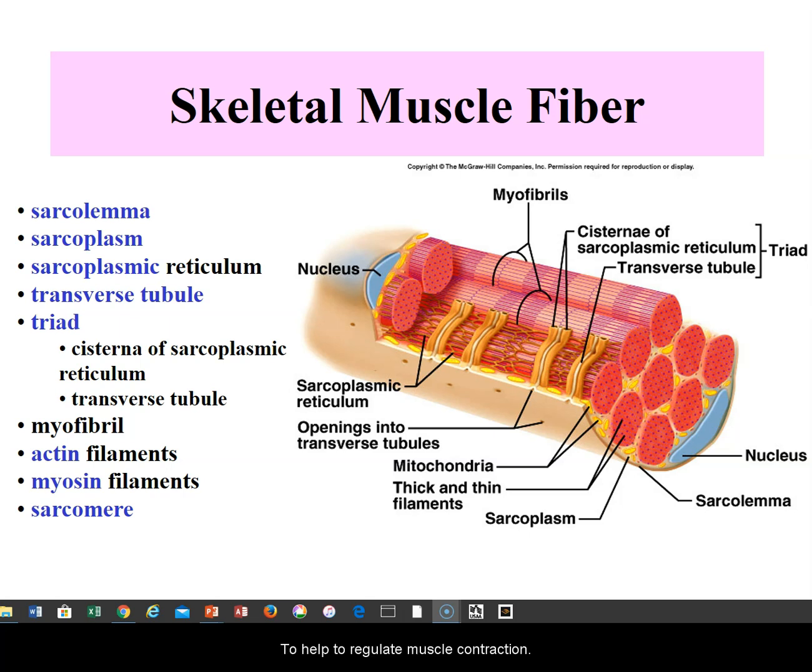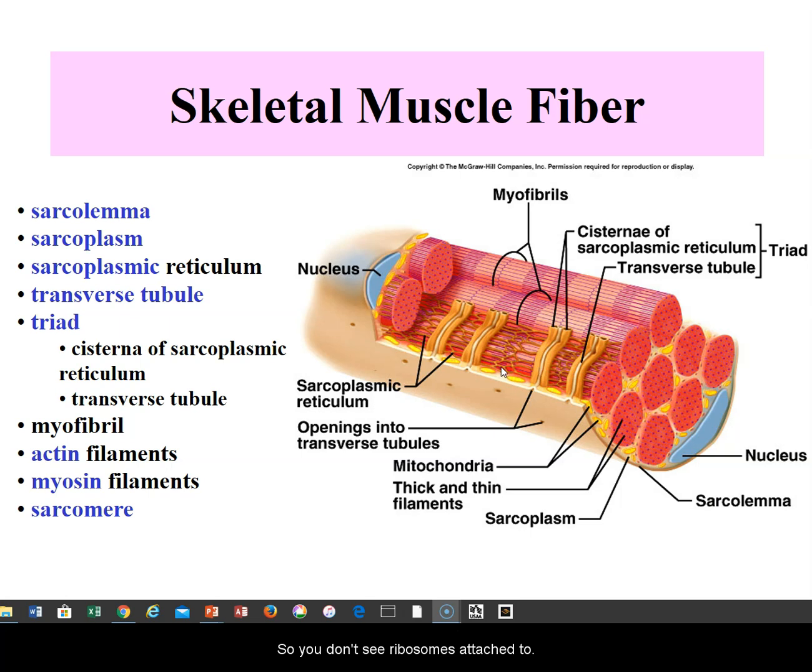They help to regulate muscle contraction by delivering calcium and other things that are needed to stimulate that muscle contraction. And the smooth endoplasmic reticulum of the muscle cell is the sarcoplasmic reticulum.